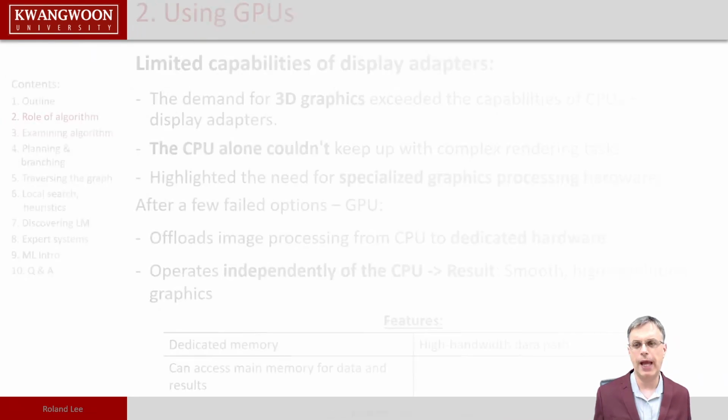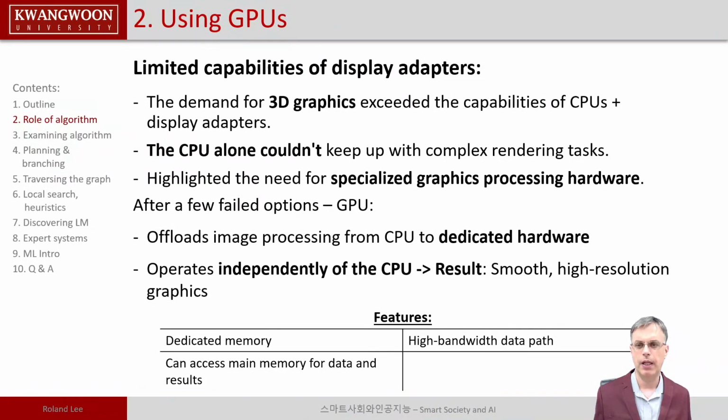A GPU has a separate memory, and the data path for its bus is immense. In addition, the GPU can access the main memory for obtaining data needed to perform a task and to post results independently of the CPU. Consequently, this setup makes modern graphics displays possible.